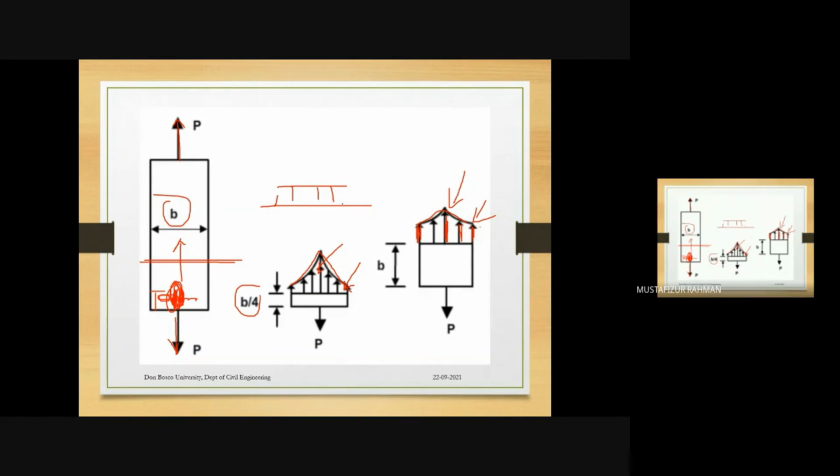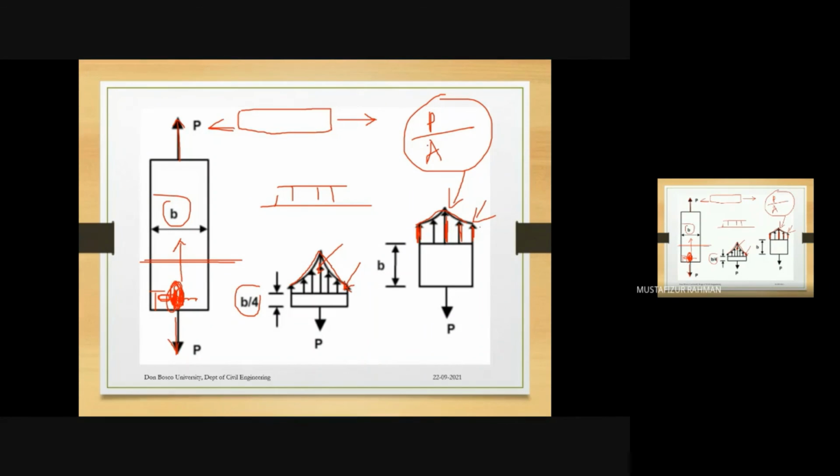Okay, that is the principle of St. Venant. When we have a structural member with force P, we directly analyze force by area, P by A. We assume that the stress is uniform, but in reality it is not the case.